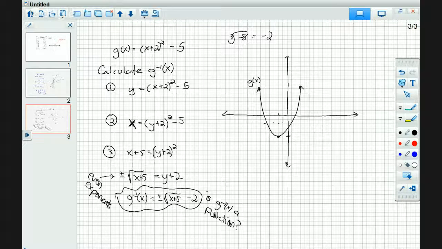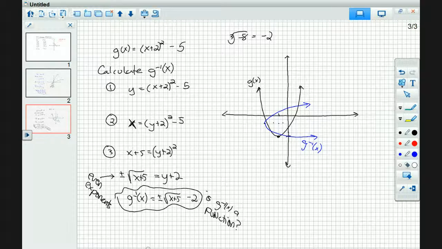Negative 2, negative 5; negative 5, negative 2. Yeah. It should look something like this. My graph is probably not perfectly accurate, just a sketch.